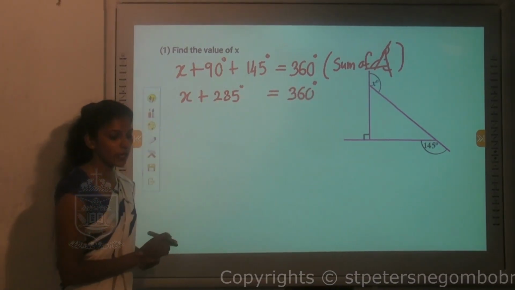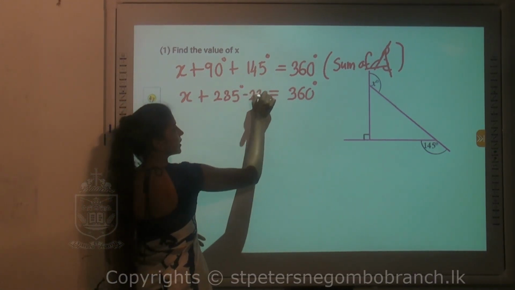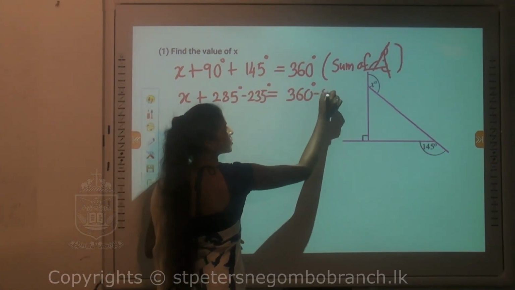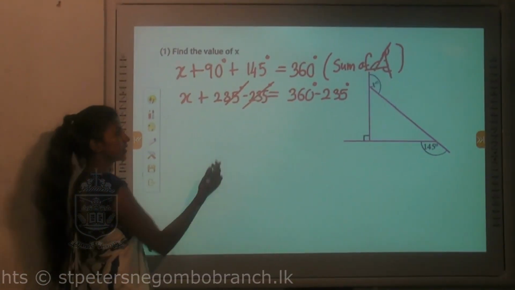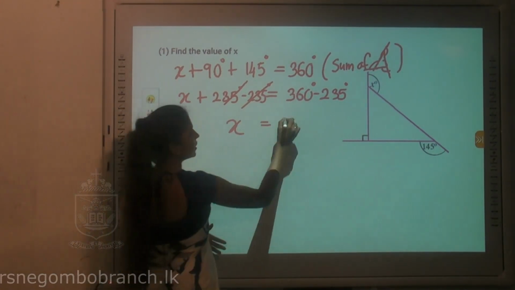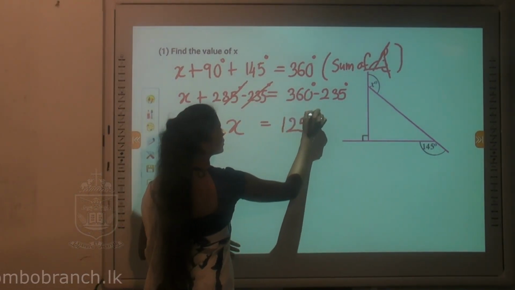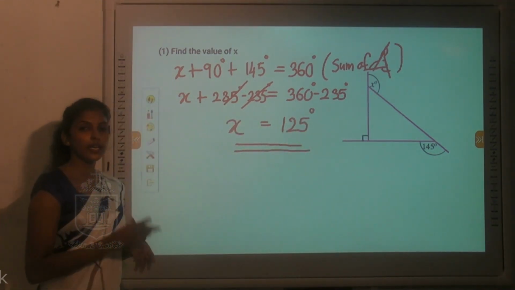Then what's the next step? You have to cancel 235. So minus 235 degrees minus 235 degrees. And these two will cancel off. What is the answer? X equals 125 degrees. This is the x angle. X angle value is 125.